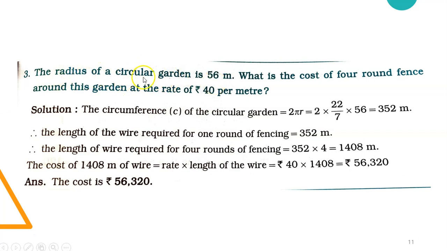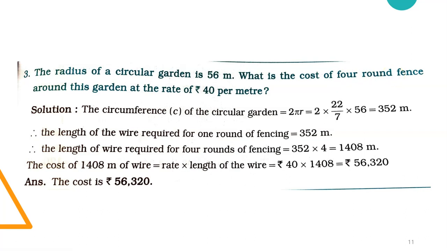So, we have a circle in the form of a garden and its radius is given to me. So I'm going to write that first. So in the given information, you will be writing radius of circular garden is 56 meters. Now what exactly am I asked to find out? What is the cost of 4 round fence?